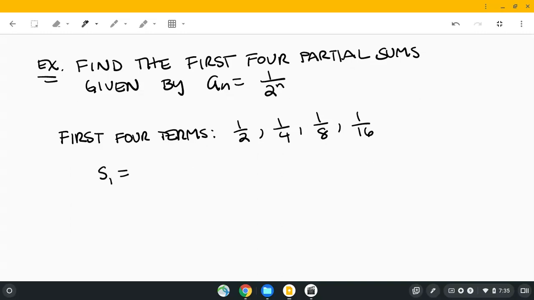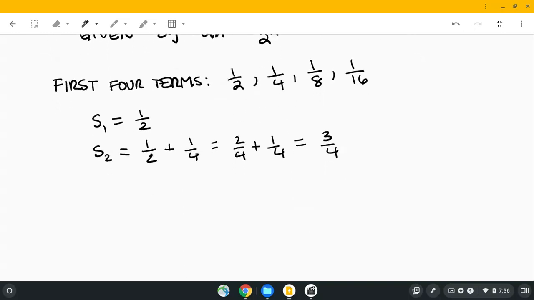Let's start with S1. S1 is just the first term. Easy. S2 is adding the first two terms. Okay. So we need the LCD. And so we get 3 over 4. Okay. S3, you're adding the first three terms.